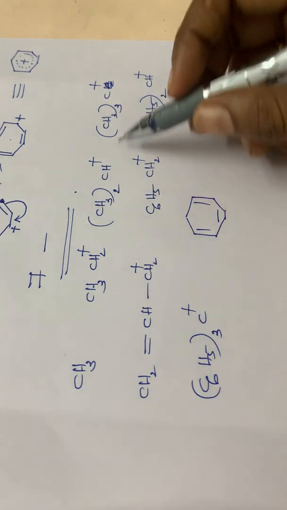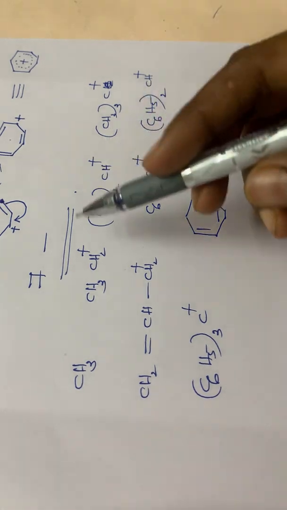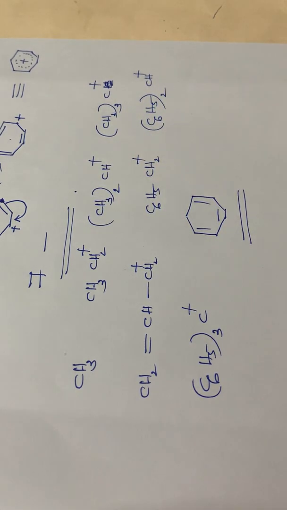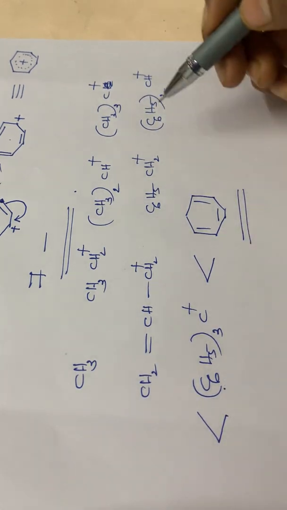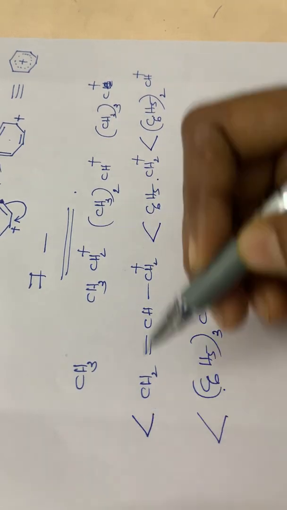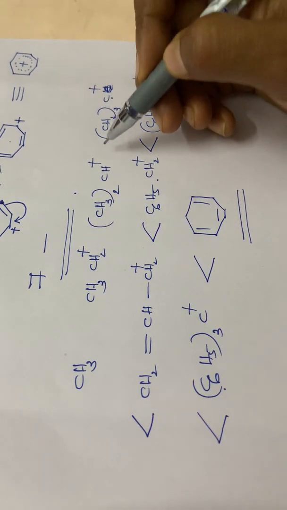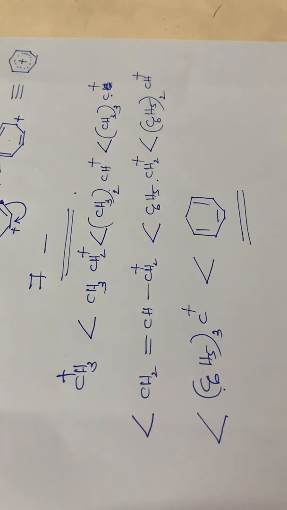So we have to compare the stability of all these compounds in terms of inductive effect, hyperconjugation, or resonance effect. Among all these compounds, the most stable one is the tropylium carbocation. Then comes diphenyl methyl, then triphenyl methyl, then benzyl, then allyl carbocation, then (CH3)3C+, then (CH3)2CH+, then ethyl, then methyl carbocation.